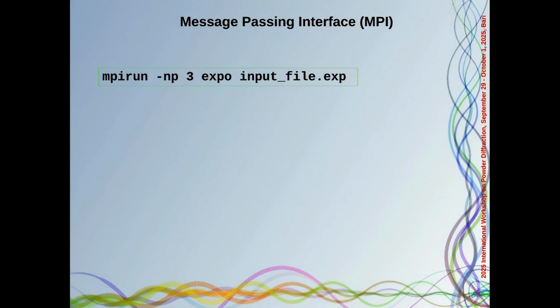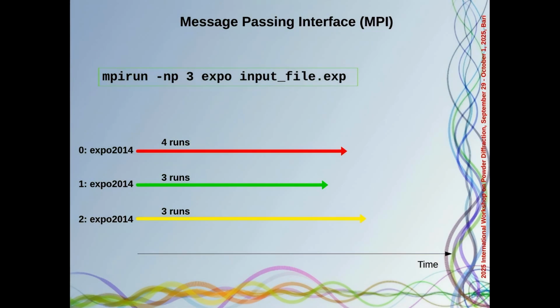You have to specify the number of tasks. For example, in this example we are using only 3 tasks, which essentially means we are using 3 CPU cores. When you run an MPI job, several copies of the program are created. These copies are called tasks.